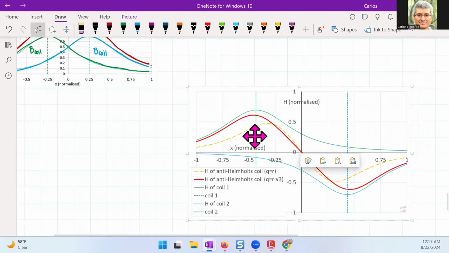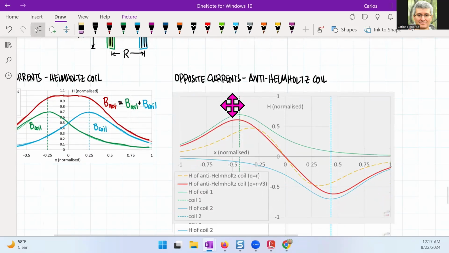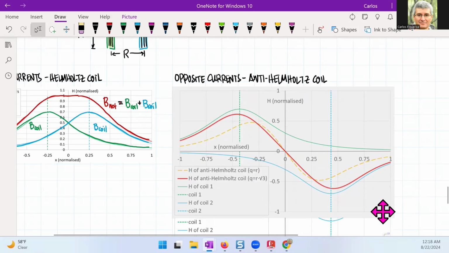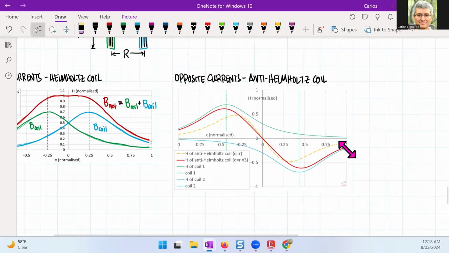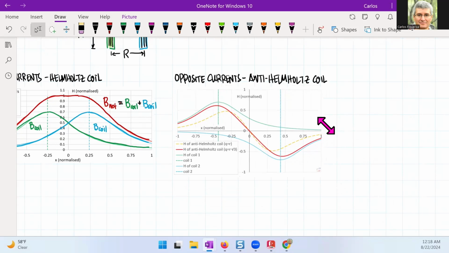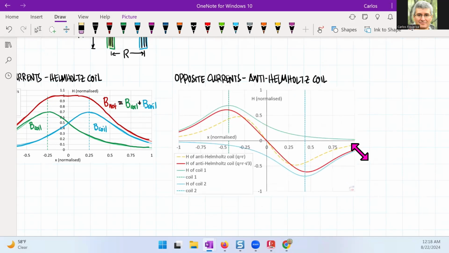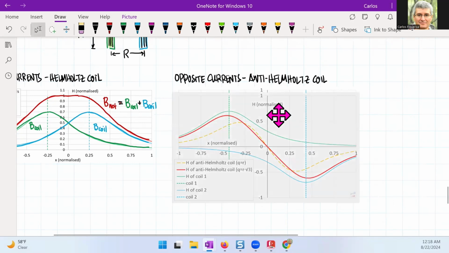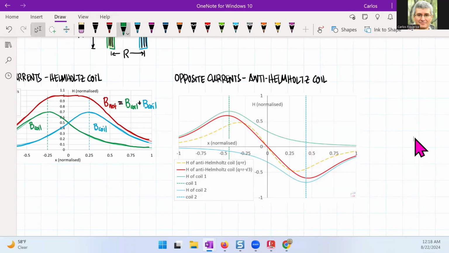I'm going to have to adjust this image right here to match it up to what I have right here. So let me look at this guy here, and I'm going to try to put it roughly on the same scale. Now, look at the green coil. The green coil does not change its direction. What does change the direction is the current of the blue coil.